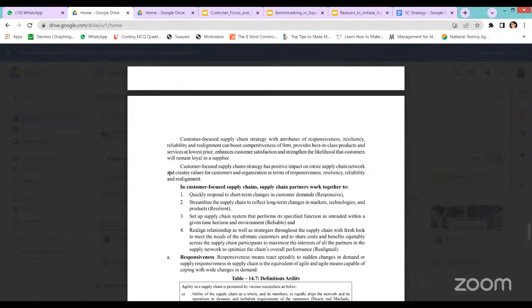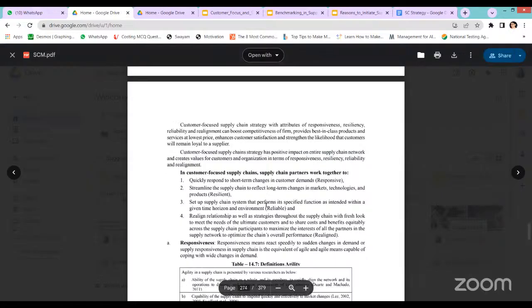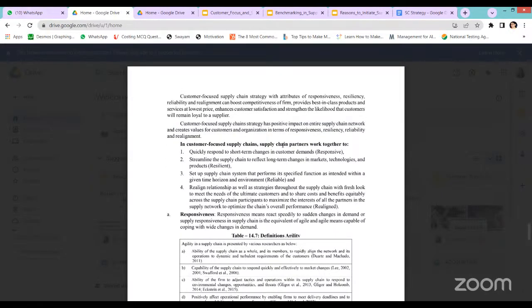A supply chain network creating value for customers and the organization in terms of responsiveness. So, how does a customer focused supply chain strategy enhance the value for the customer and the organization? When you get a question like this, you are supposed to write each of these. It focuses on the customer, the supply chain, and supply chain partners.